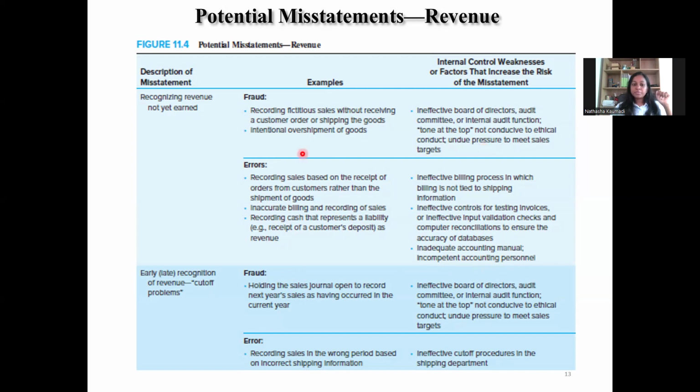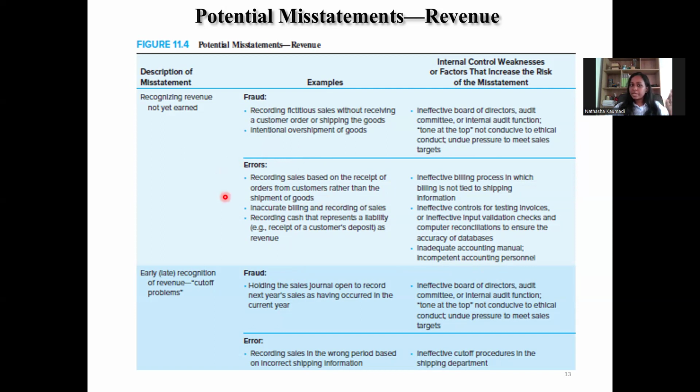Look at another one, errors. What are the examples for errors? Now this is a fraud: recording fictitious sales means a fraud, intentional. What are the errors? Recording sales based on the receipt of orders from customers rather than the shipment of goods. This thing I explained to you.